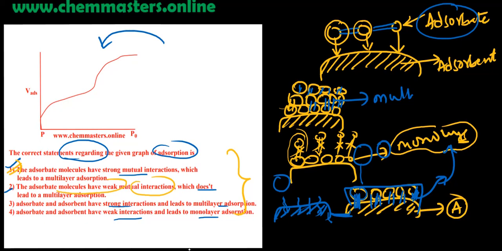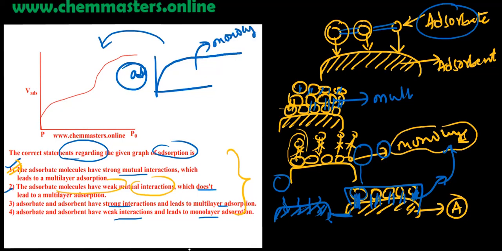For example, consider when the adsorption is very rapid at the initial state, and after some time the adsorption just stops. Here we are taking adsorption volume. In this case we can call this monolayer adsorption. Why?